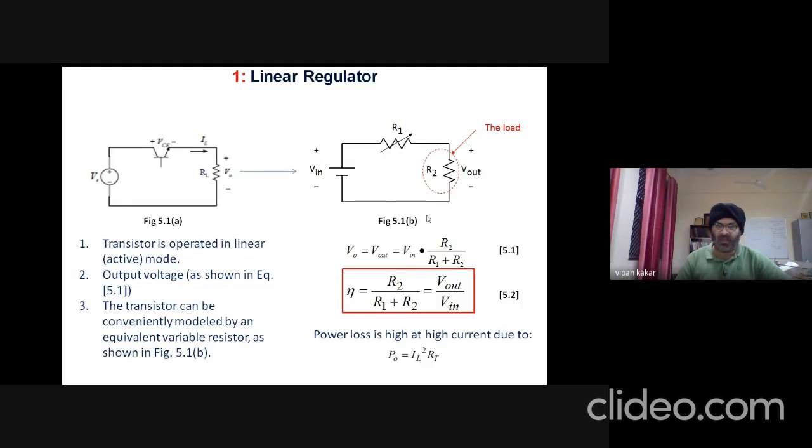Just by looking at this circuit, you can easily say that this is a simple voltage divider. Just by using the formula of voltage divider, we can find out the efficiency, which is V out divided by V in, which depends upon these resistances, R1 and R2.